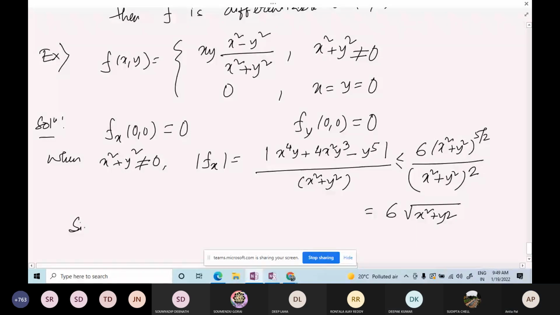Similarly, mod fy will be less than or equal to 6 into root of x² + y².